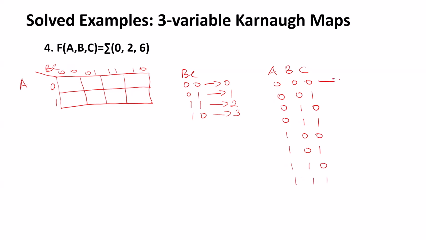And from here, this takes 0, cell 1, 2, 3, 4, 5, 6, and we have the 7th cell here. So we can label this cell 0, 1, 2, 3, 4, 5, 6, and 7. So wherever we have 0 to 6, we put 1. So we have 1 here, we have 1 here, then we have 1 here.